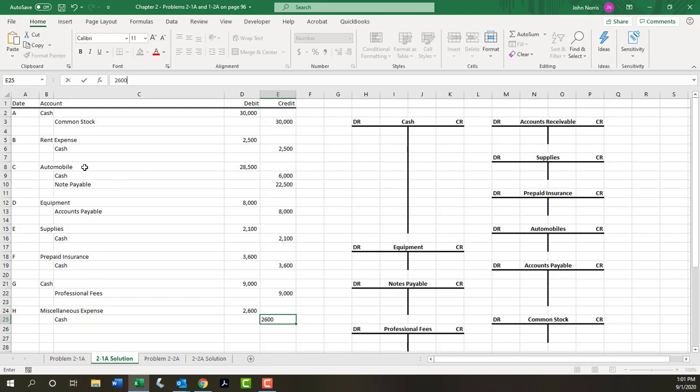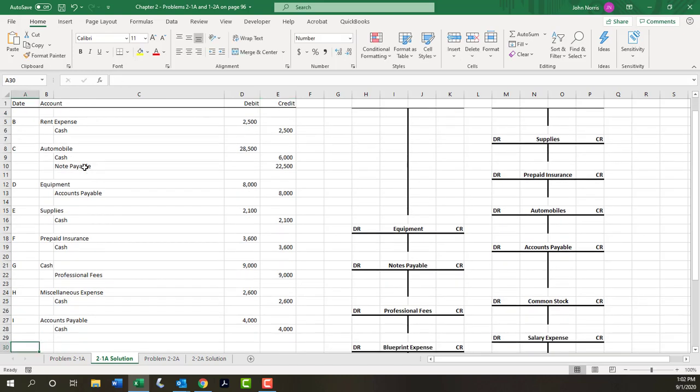I, paid cash to creditors on account. So the only account that we had outstanding was the equipment that we bought earlier, and now we're going to make a partial payment on that in the amount of $4,000. So half of what we purchased in equipment.